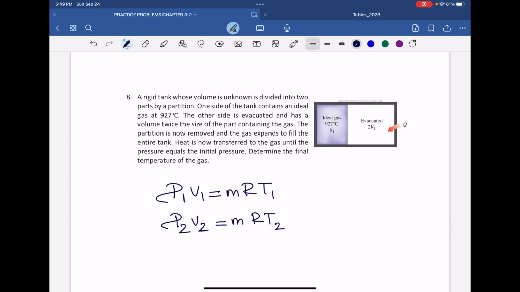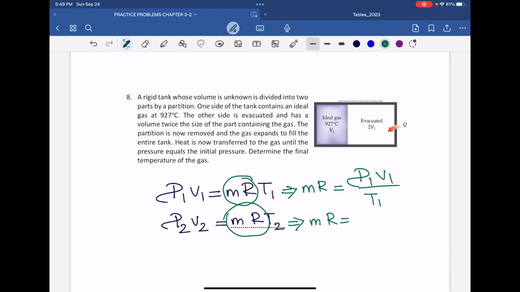Now you need to notice something: M and R are constants in this process. Therefore, if you solve this for MR, this should be P1 V1 over T1. The same M times R also has to be equal to P2 V2 over T2.